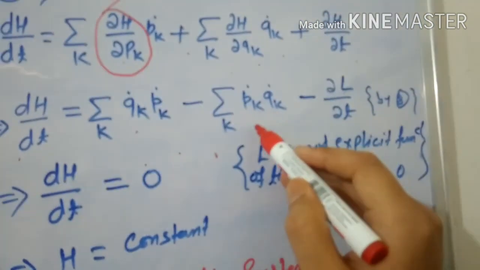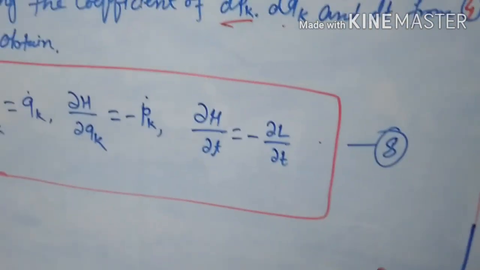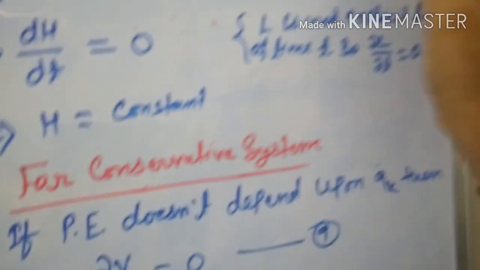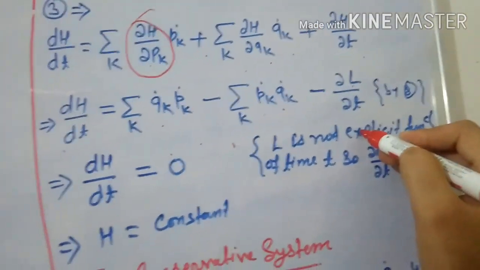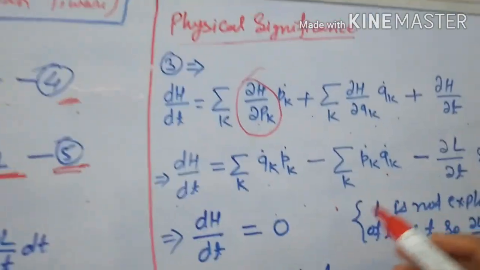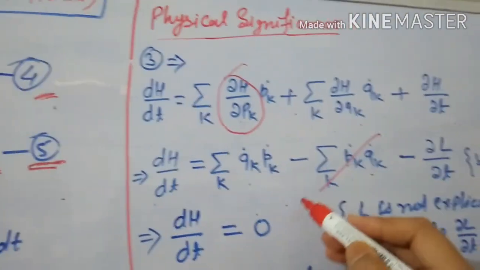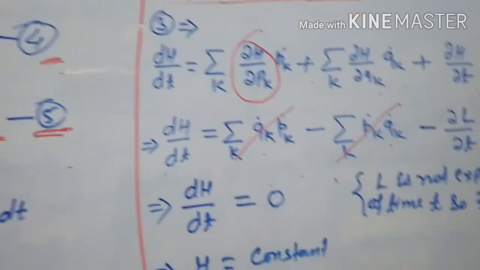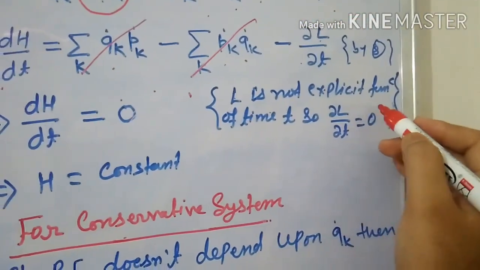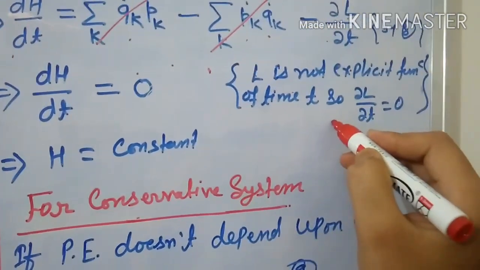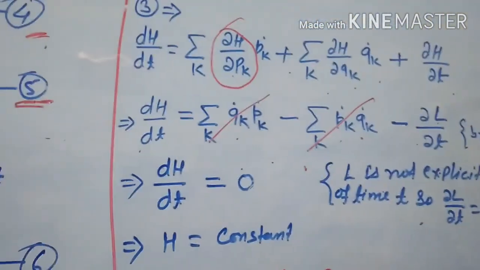Also ∂H/∂qk is equal to minus pk dot, which we mentioned in equation number 8, plus ∂H/∂t is replaced by minus ∂L/∂t. Now since this term is cancelled out by this term, and since L is not an explicit function of time t, so ∂L/∂t is equal to 0.